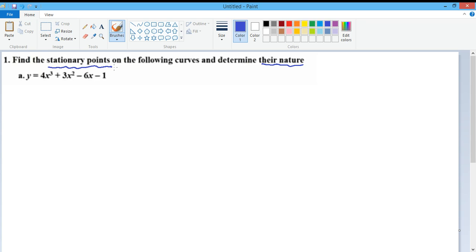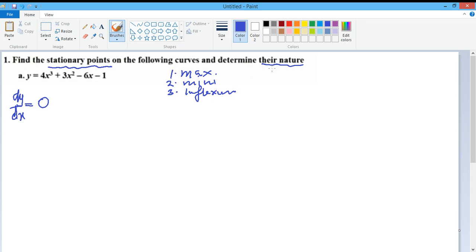The major characteristic of a stationary point, or a turning point, is that for any stationary point, the gradient function dy/dx is equal to 0. If you're asked to determine the nature, we know a stationary point can be either 1, a maximum, 2, a minimum, or the last one, an inflection.